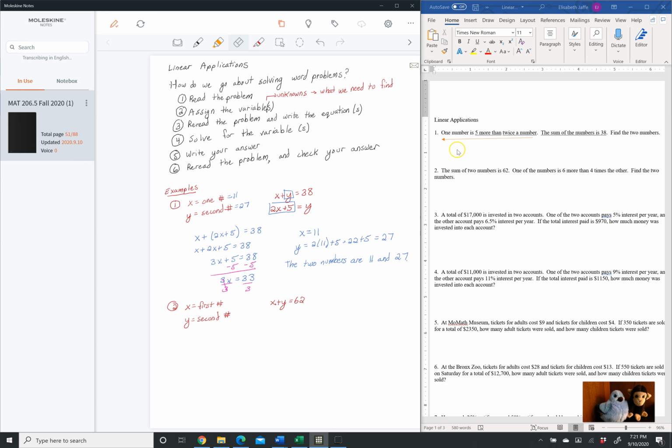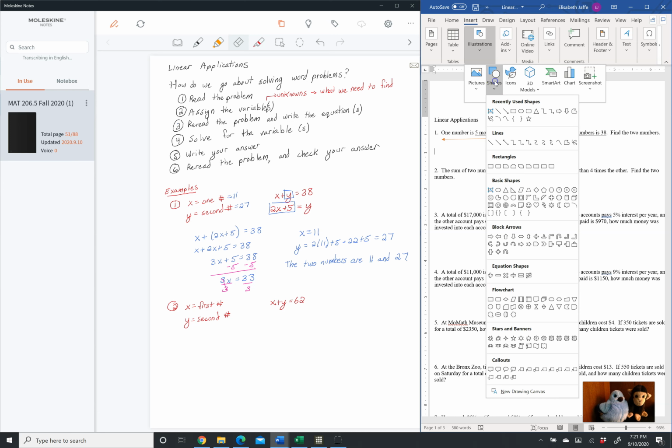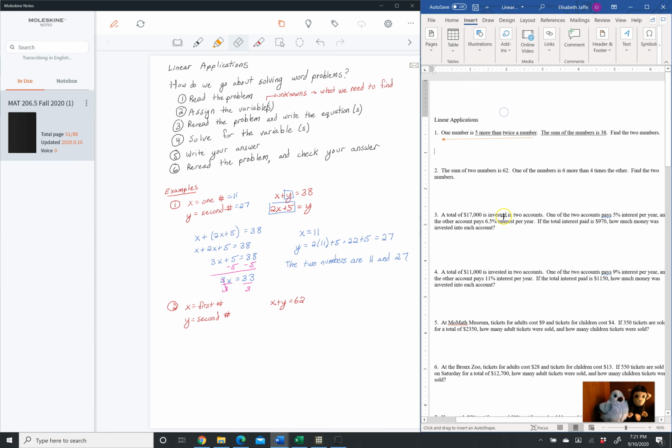And the second one, remember, is the one that moves backwards. And our arrow actually goes on the other side.